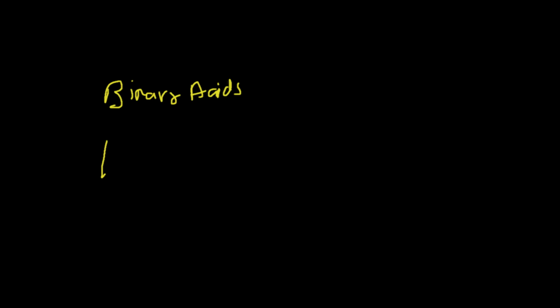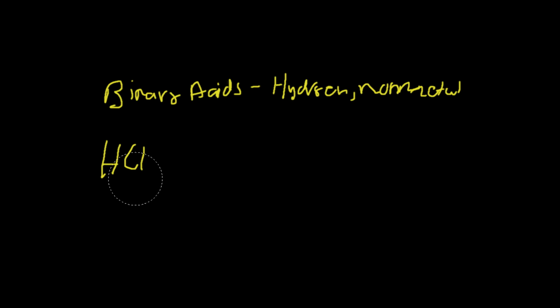Something like HCl is a binary acid because it only has one nonmetal and one hydrogen, and that's a characteristic of a binary acid. It's hydrogen with a nonmetal. It doesn't matter how many hydrogens or how many nonmetals there are, as long as there's only one nonmetal and one hydrogen present, like the actual elements, not the amount of them, just the actual elements.